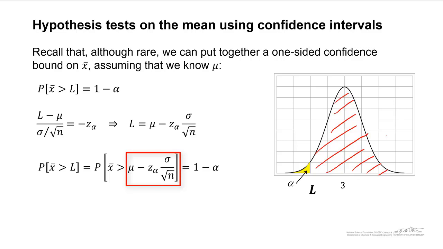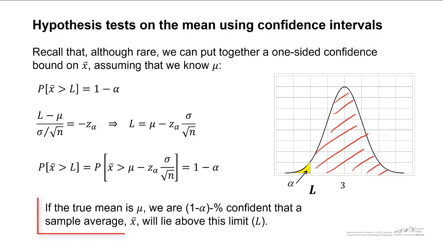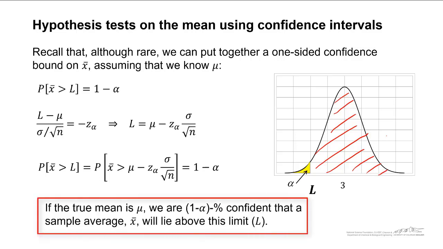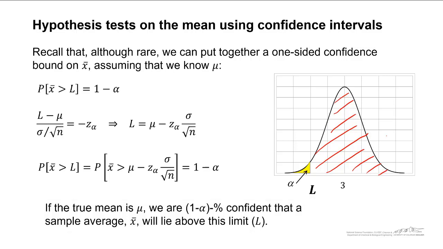So we are 95% sure, if alpha equals 0.05, that the sample average is going to be greater than mu minus z alpha times sigma divided by square root of n. If the null hypothesis is not false, and the true mean is mu, we are 1 minus alpha confident that a sample average will lie above this limit, L, which we can compute here. So this is actually L.